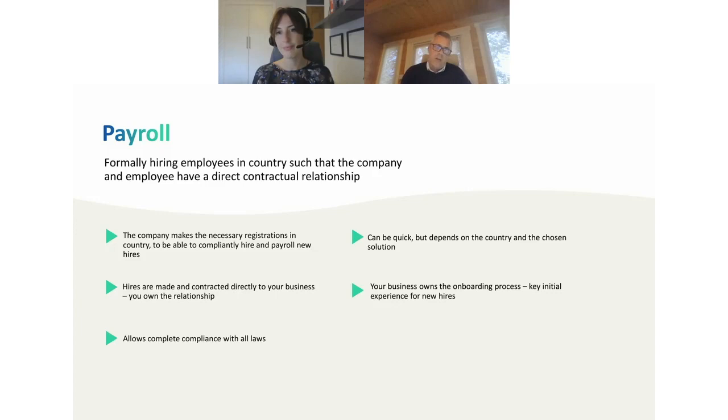Another key factor about a direct employment model and running people through payroll is that your organization owns that relationship with that employee. Now, why is that important? Your organization may or may not place a lot of emphasis on culture.